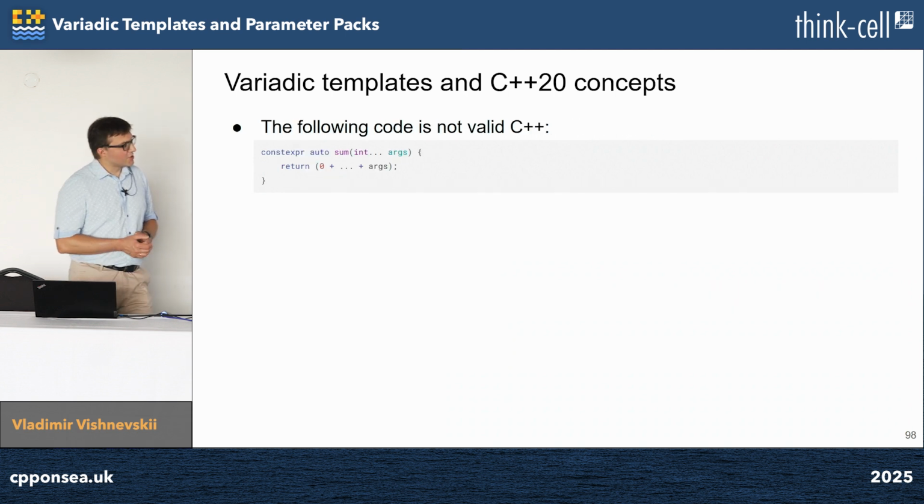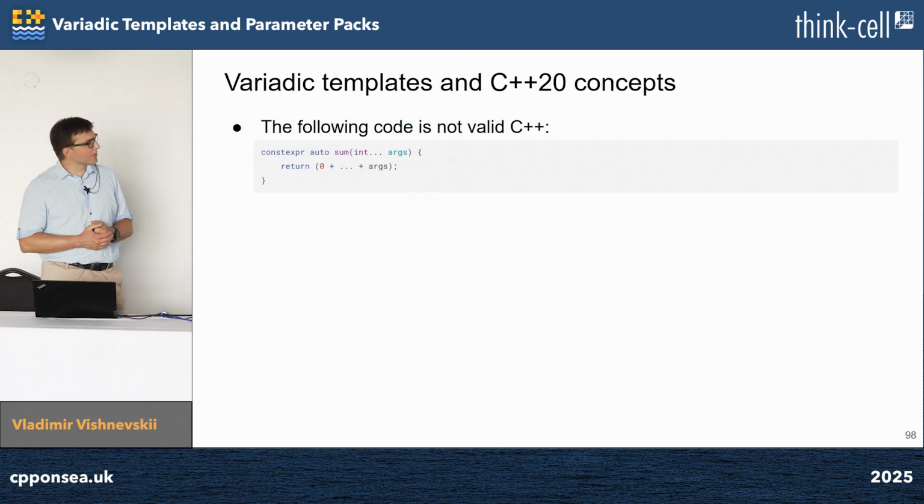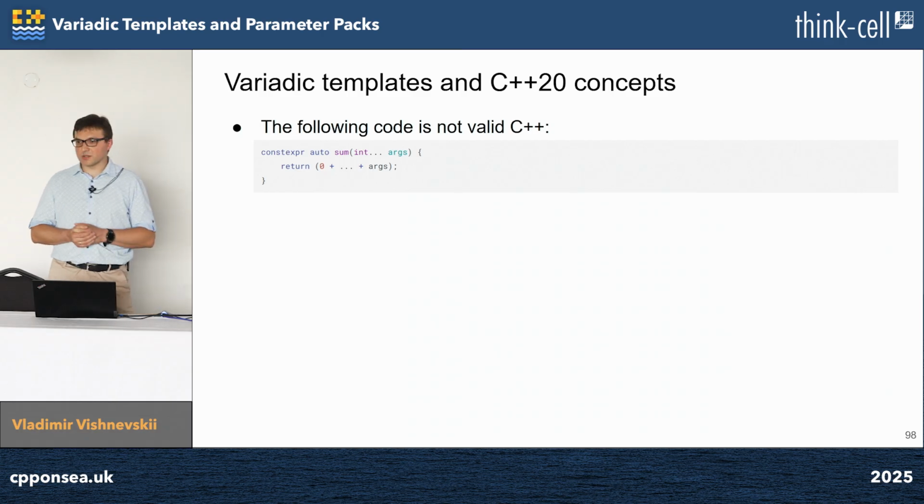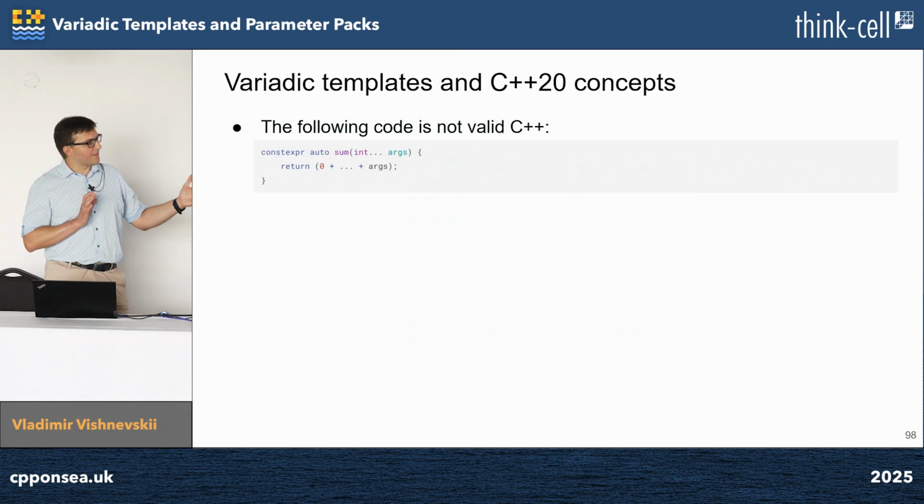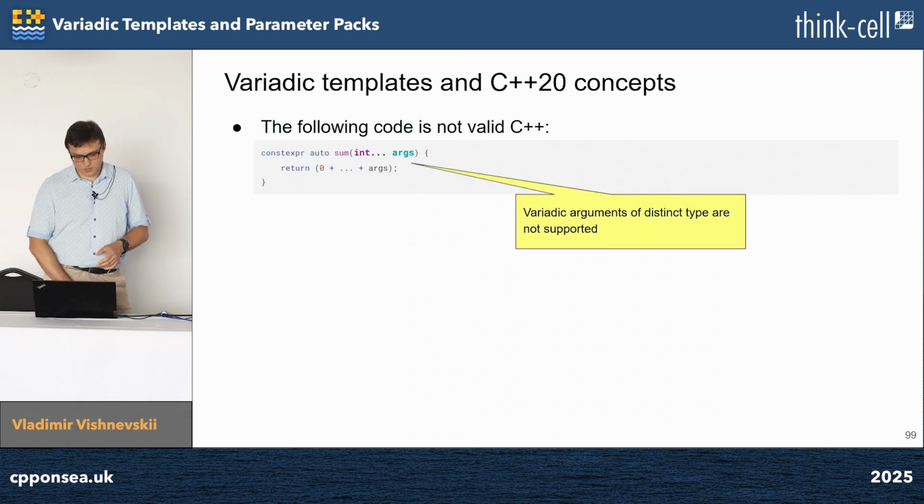So, quite an interesting application for this. Let's look at some not supported code. Yeah, so we cannot actually have a typed variadic function in C++. So we cannot say that we want a function to accept an arbitrary number of arguments of some specific type. Like this is not existent syntax.